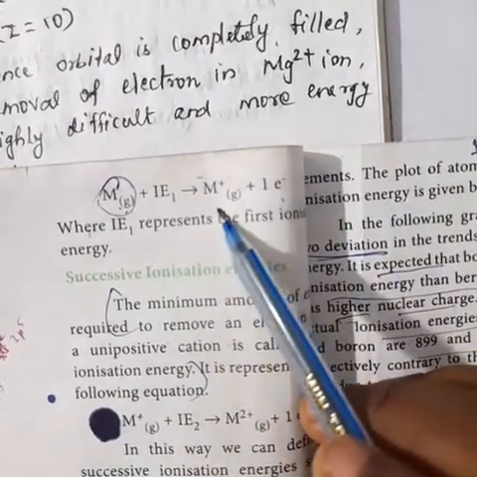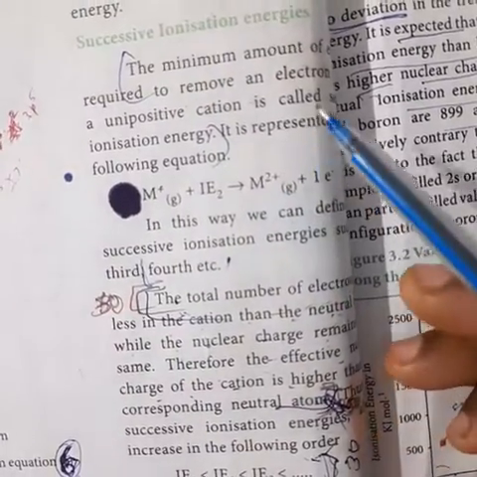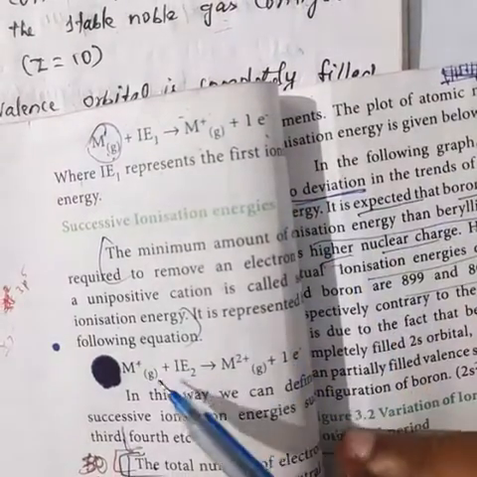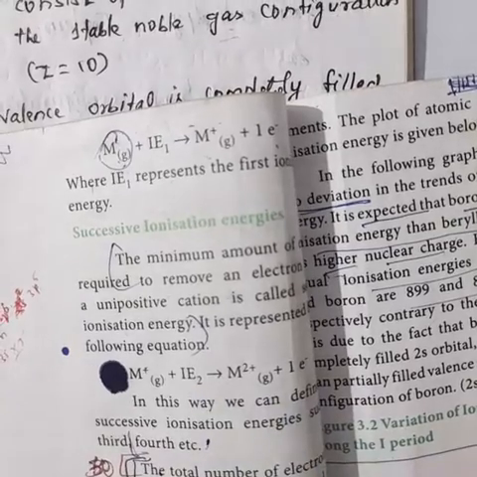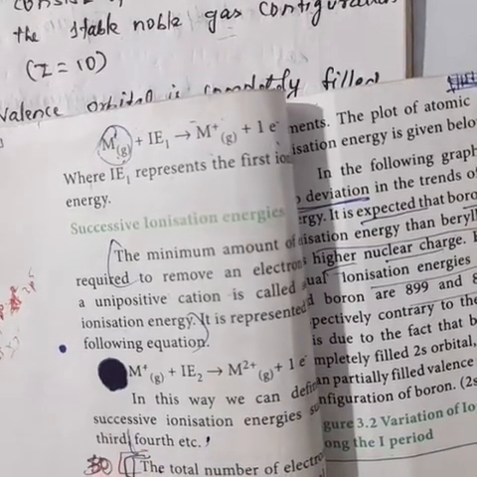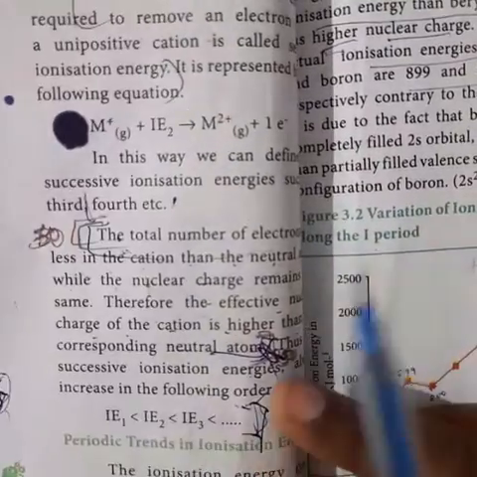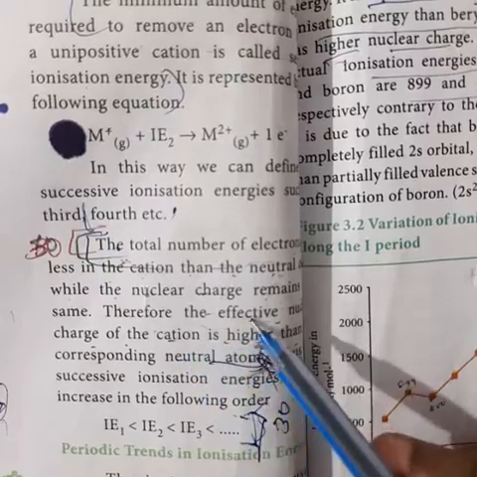So here the number of electrons is lower, but the number of protons remains the same. So the nuclear charge will be higher there.